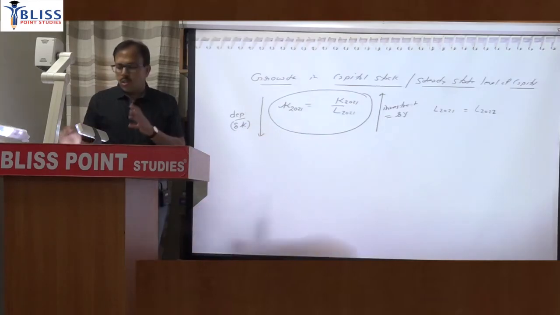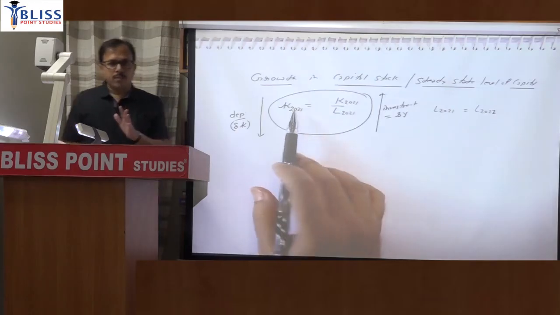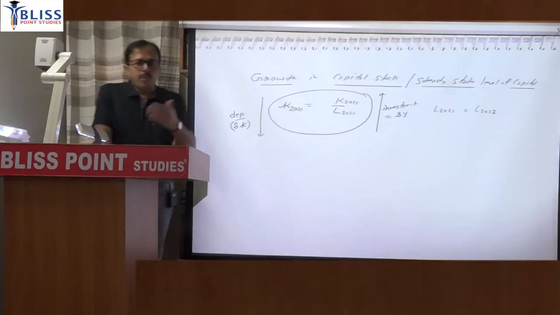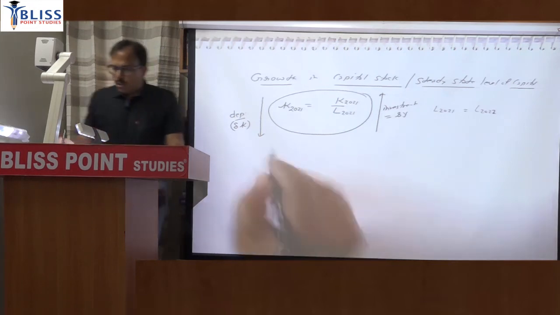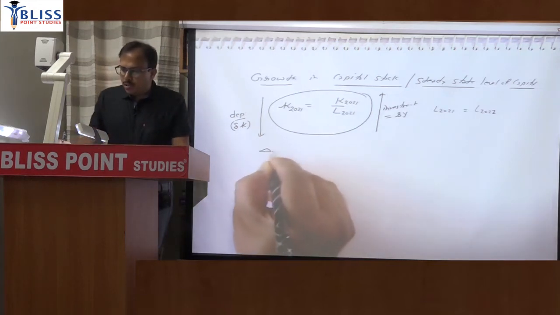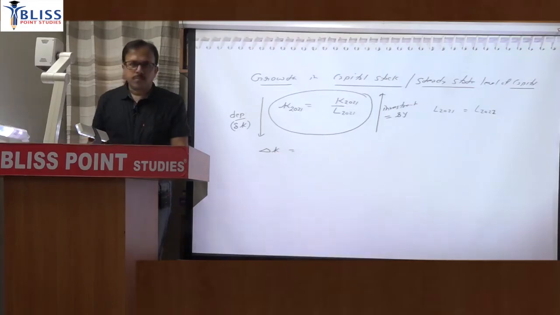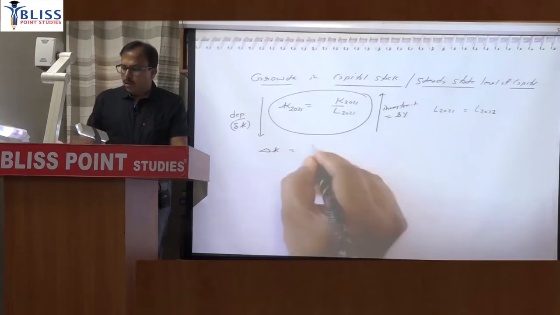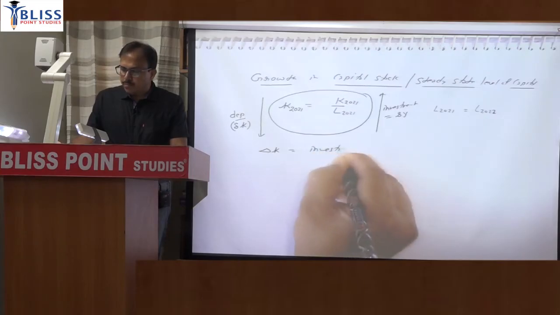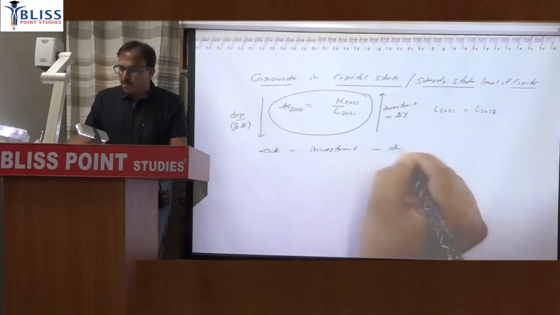So if the stock of capital, let us say 400, in 21 what will be the stock? That will depend upon how much has been depreciated and how much is the procurement of new machine, that is investment. So the change in capital stock, delta K, will be investment minus depreciation.